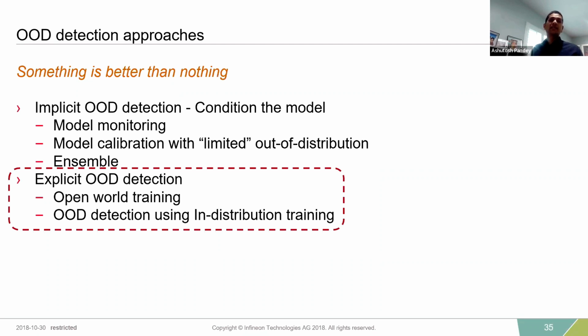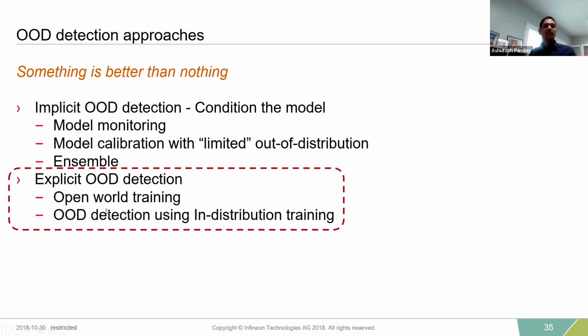The other approach is ensembles, where you can use different models and monitor the performance over time, or monitor the performance of your model after it has done its job. However, it's limited, and it has a lot of heuristics which don't scale as well.